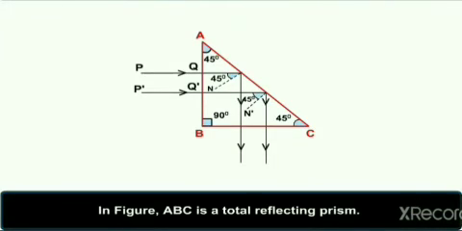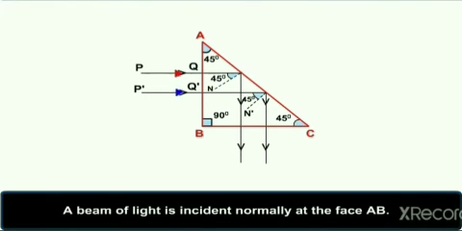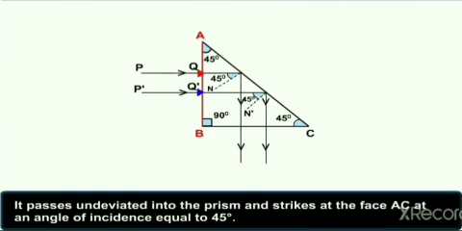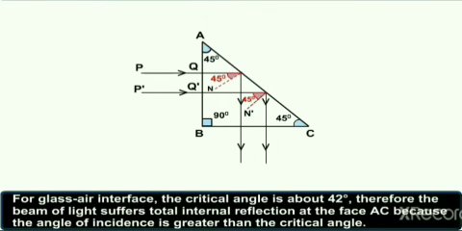In the figure, ABC is a total reflecting prism. A beam of light is incident normally at the face AB. It passes undeviated into the prism and strikes the face AC at an angle of incidence equal to 45 degrees. For a glass-air interface, the critical angle is about 42 degrees.